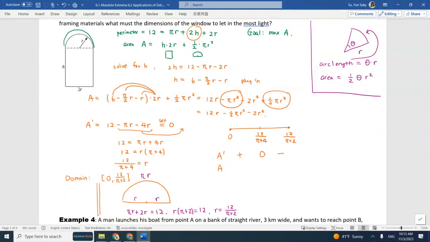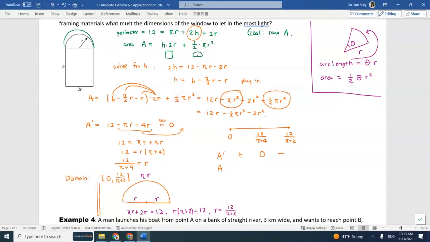Questions? Oh, we were looking for the domain of r. So what is the smallest r possible? The smallest r is 0. This is your picture.